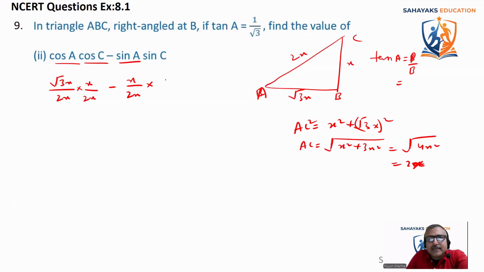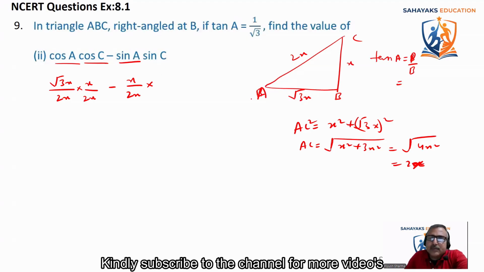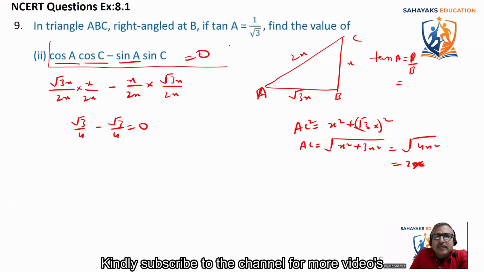And for sine C, root 3x will be the perpendicular, so we'll take it as root 3x divided by 2x. So let's compute it. x will cancel out from all. So it becomes root 3 by 4 minus root 3 by 4, and the answer comes out to be 0. Good. So coming to the next question.